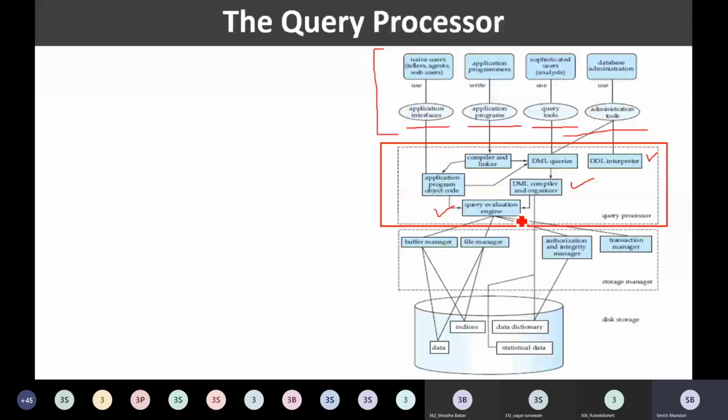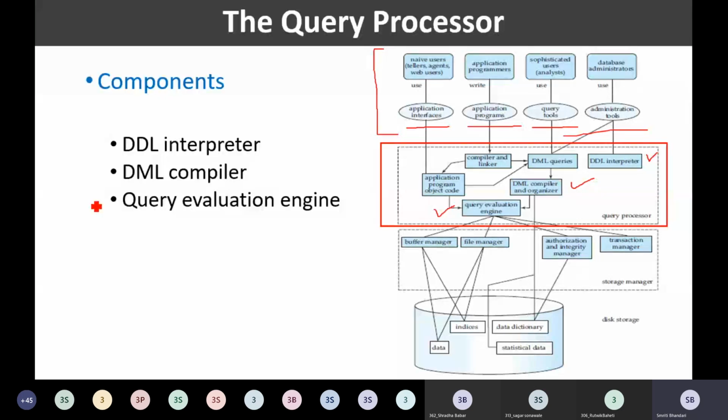So my query evaluation engine, if I have several possible plans to execute the query, evaluates those plans, and whichever plan is most optimal, that particular statement is picked up and forwarded to the lower level, and accordingly the data is extracted from the disk.